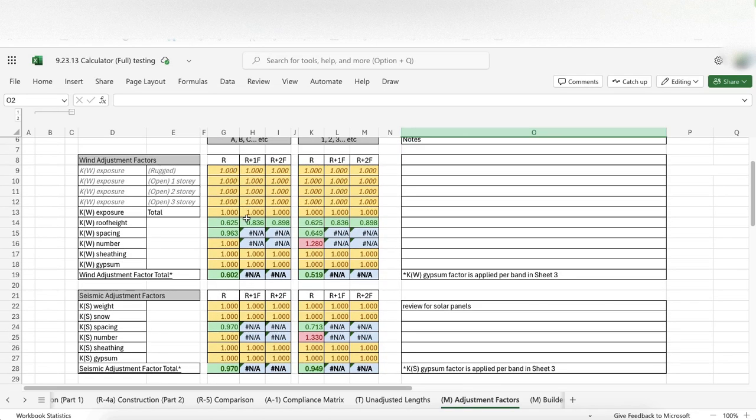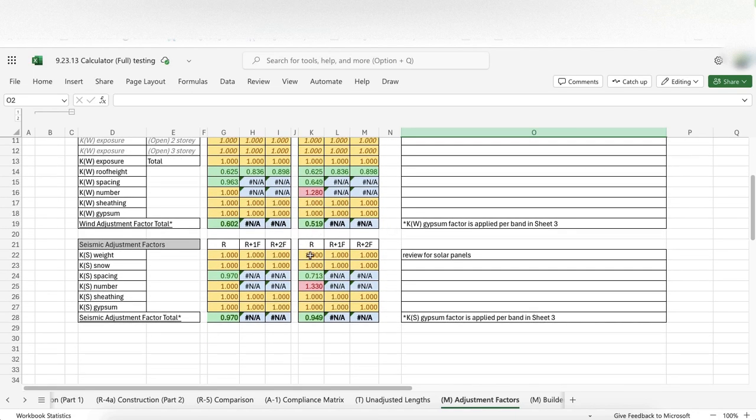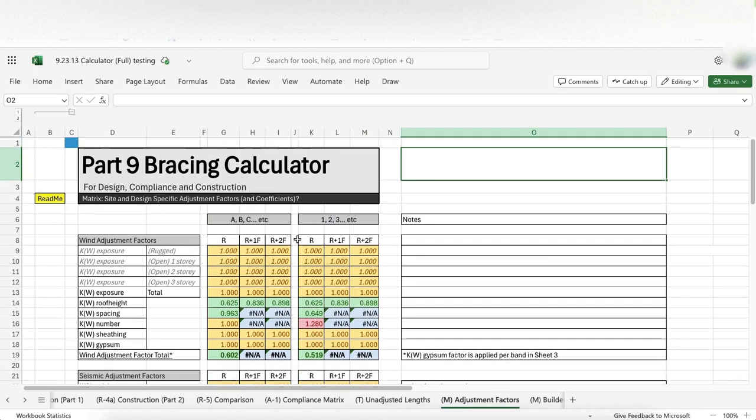If the factor is 1, it essentially references what is probably the reference type of house that was used for the development of these prescriptive requirements. If a factor comes back at less than 1, we're getting some bonus. If it comes back as more than 1, we're going to be paying a penalty against that reference house. This is just a visual representation of that.